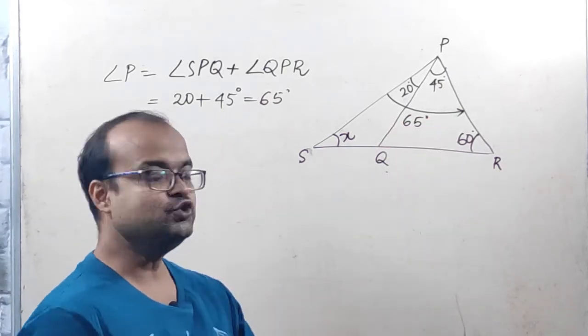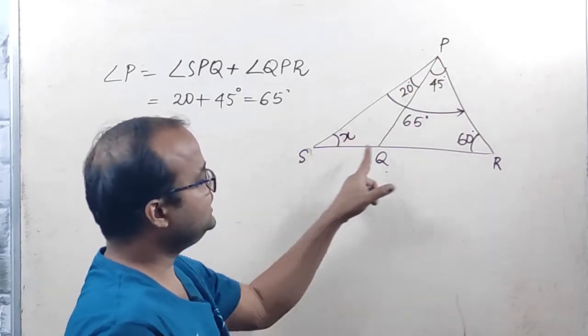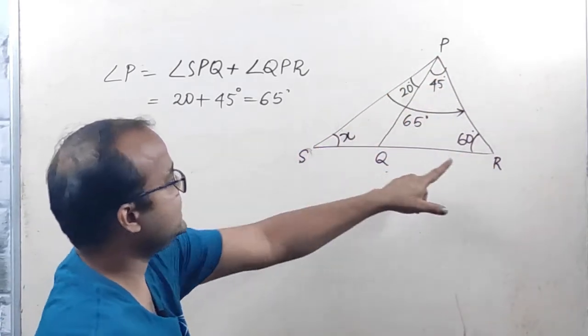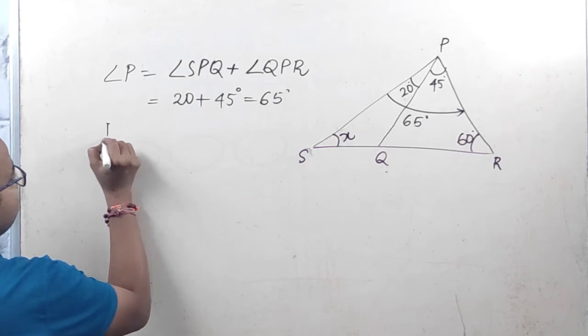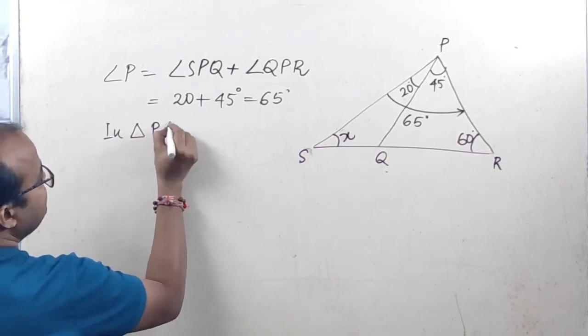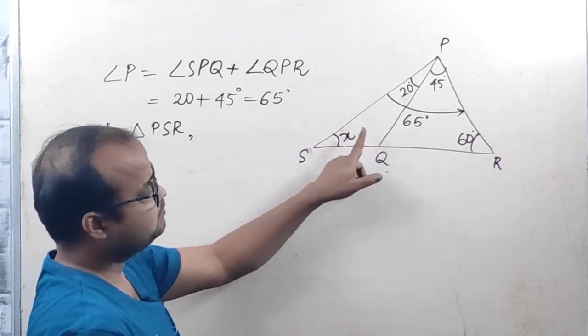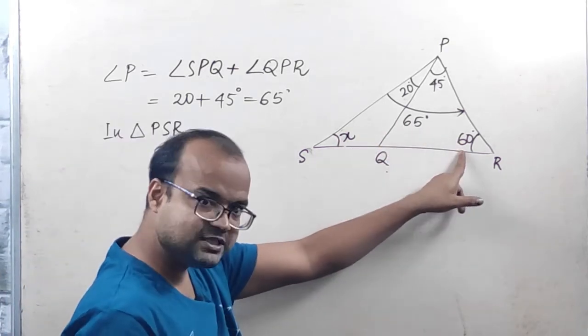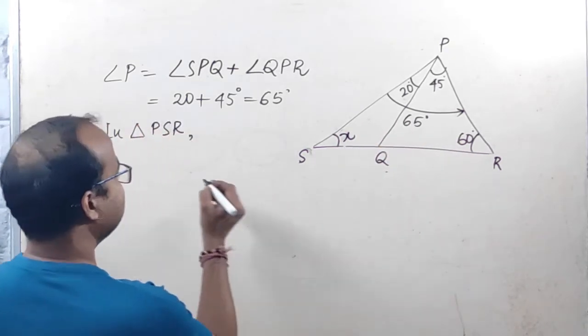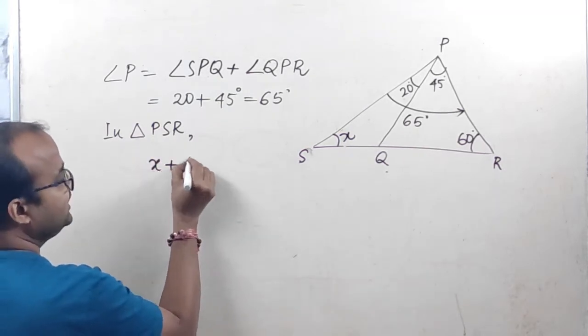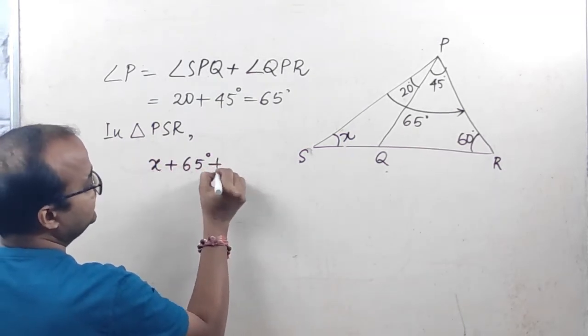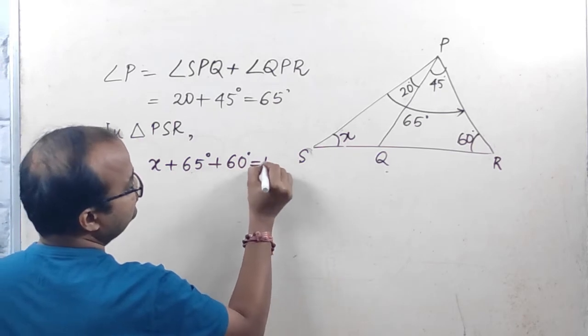Now we are going to use angle sum property in triangle PSR. So in triangle PSR, we can say that x plus 65 plus 60 equals 180 degree.